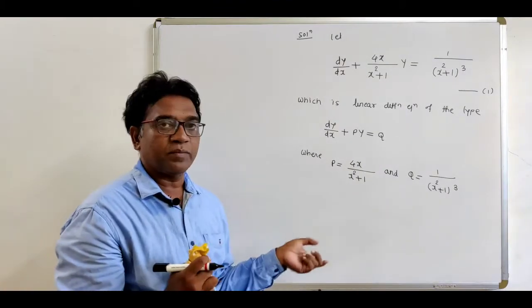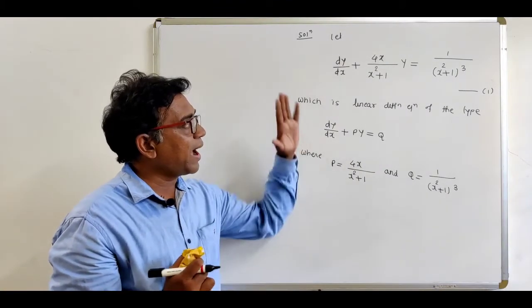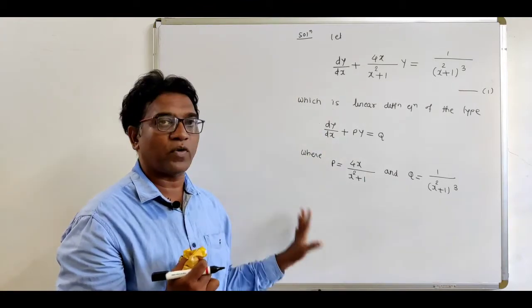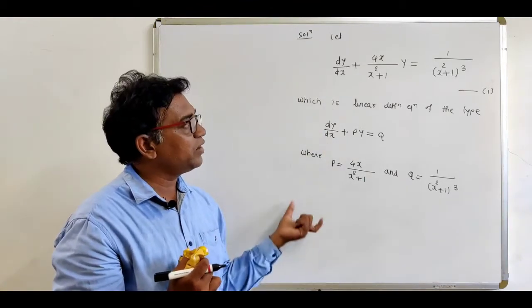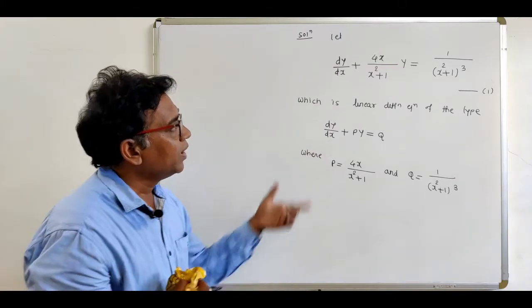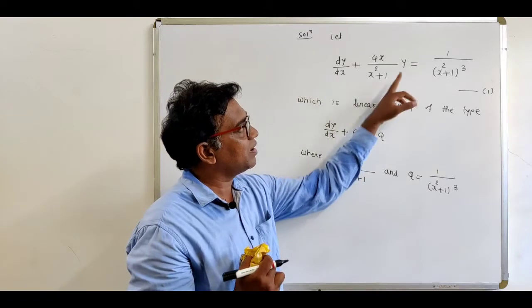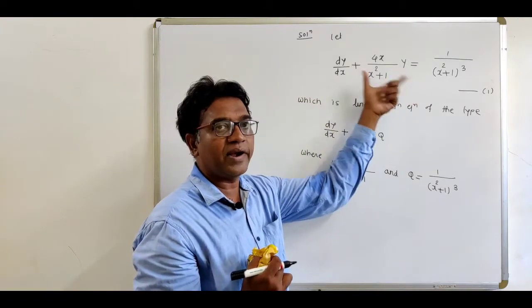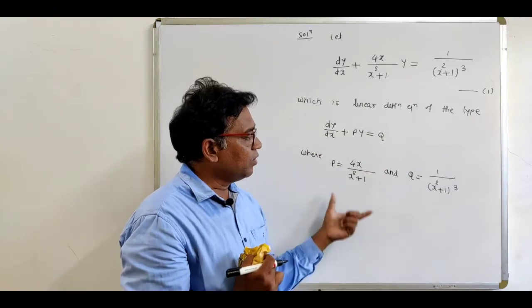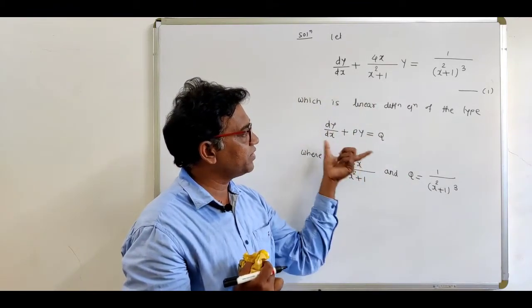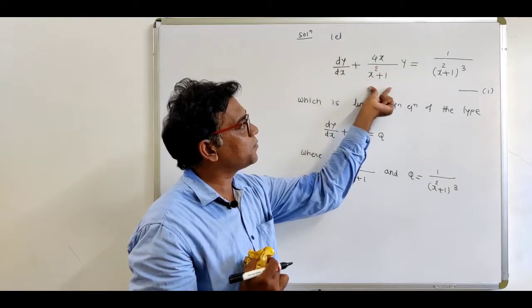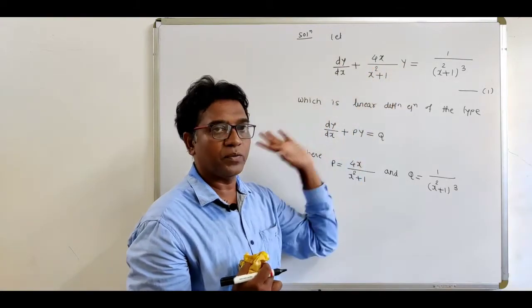So this is the first step. What is the first step? To identify whether the given differential equation is in the proper form or not. If the differential equation contains a single y, then it may be a linear differential equation. Now obviously this is a linear differential equation which has the form dy by dx plus p into y equal to q.